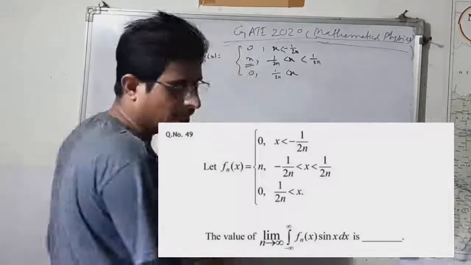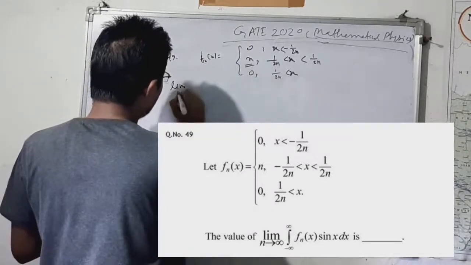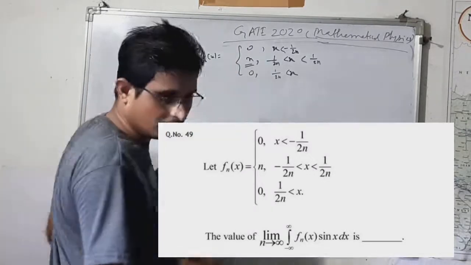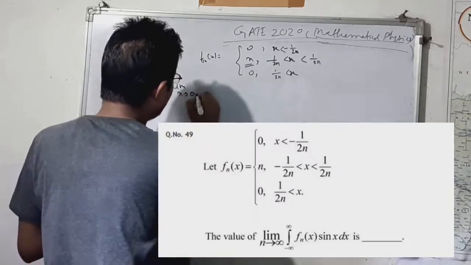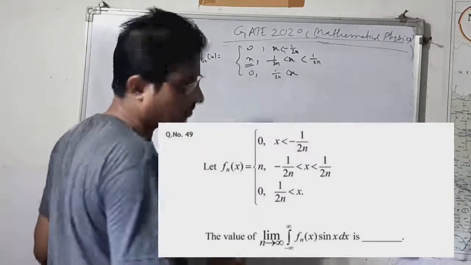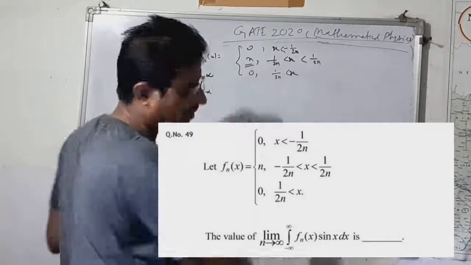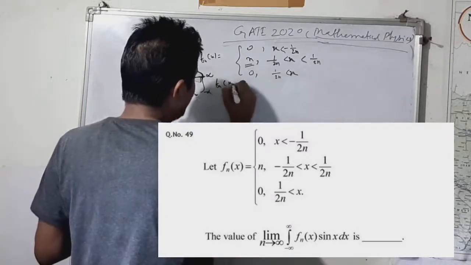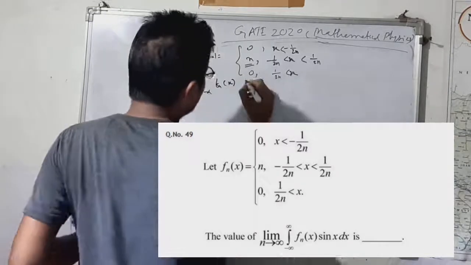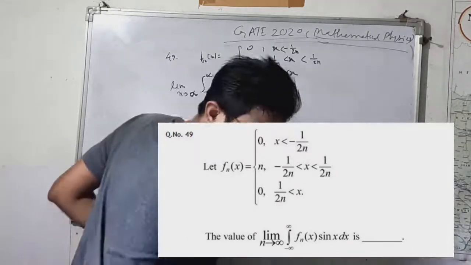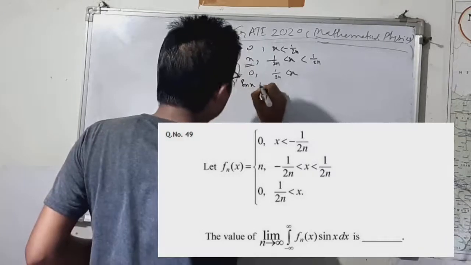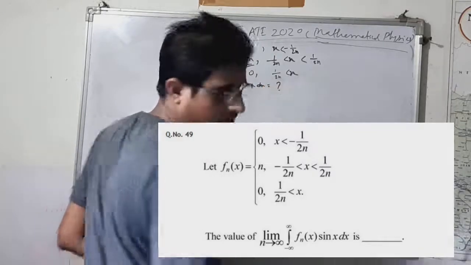So we need to find the limit of n tends to infinity of the integral from minus infinity to plus infinity of f_n(x) sin x dx equal to what?